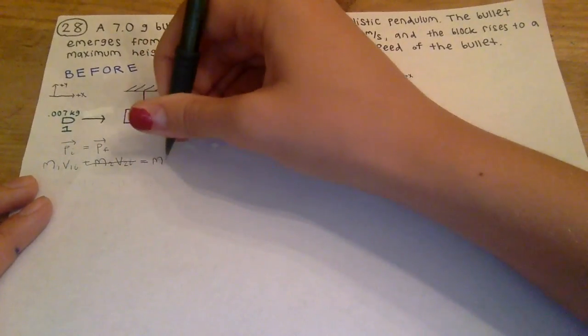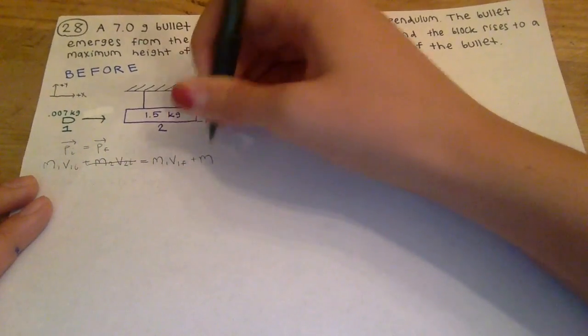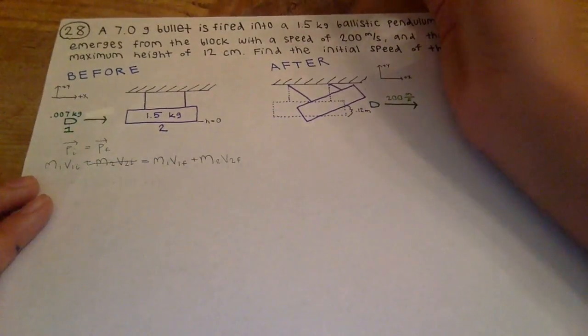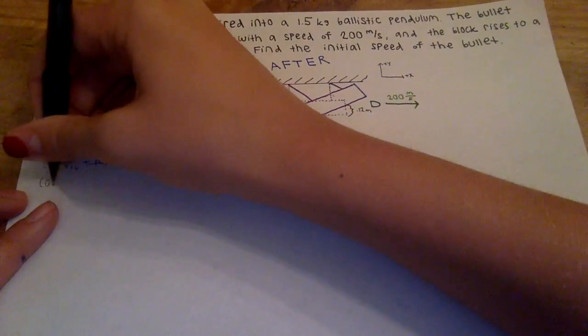That equals the mass of object 1 times the velocity final of object 1 plus the mass of object 2 times the velocity final of object 2.